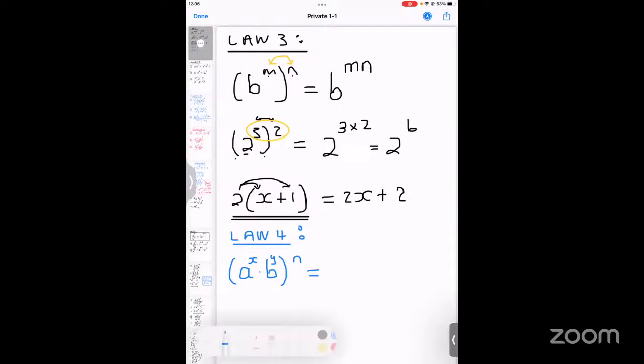So that means, Langelihle, this n will multiply that, it will also multiply that. Remember, it is the exponents that we are multiplying. So that means we end up having a to the exponent of nx multiplied by, then you do the same for the other base, which is base b, and then you are having n multiplying by y, and that is the end of it. Does it make sense, Langelihle?